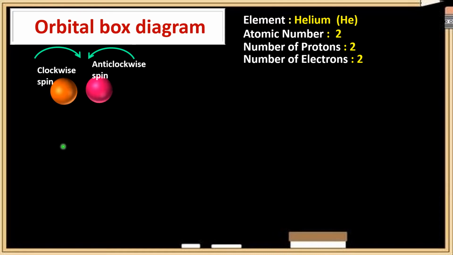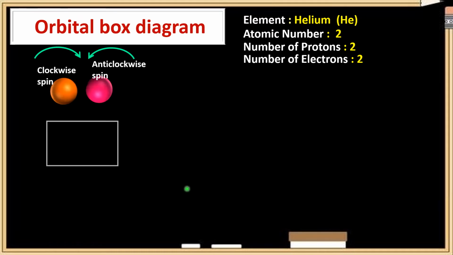So I will use an upward pointing arrow to represent the electron having clockwise spin, and I will use a downward pointing arrow to represent the electron having anti-clockwise spin. First I will place these two electrons in a box, and that box is used to represent an orbital.